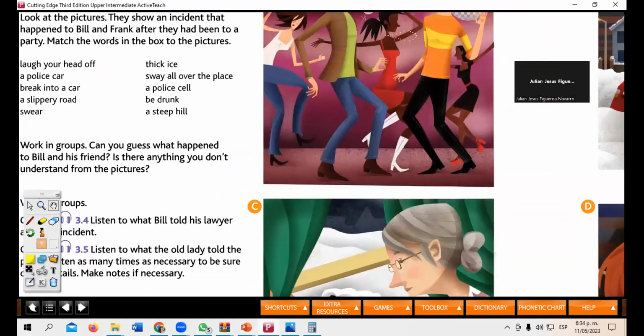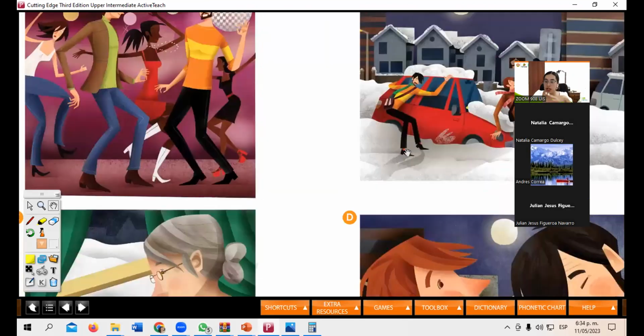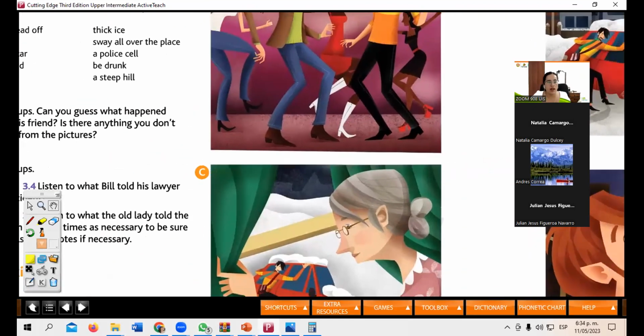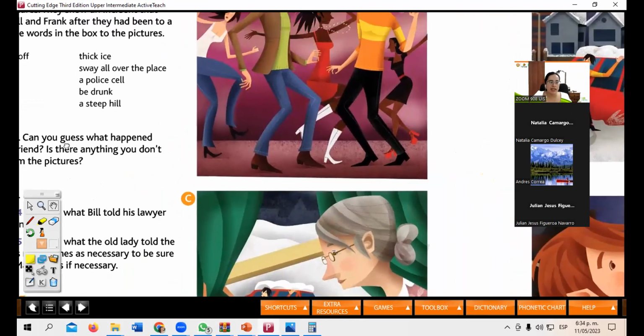Como meneándose por todos lados, algo así. Yes, it's something like this. So imagine you are on this street. There's a lot of ice and you're trying to walk. So you are swaying all over the place, right? Like resbalándose de un lado a otro, okay? Tambaleándose, swaying all over the place.